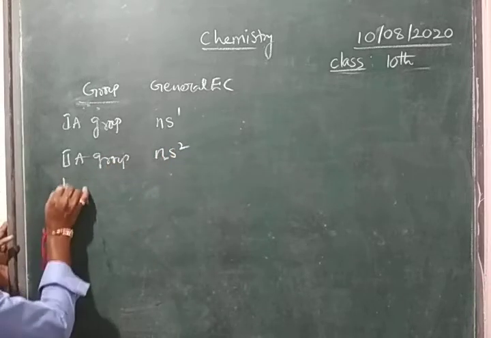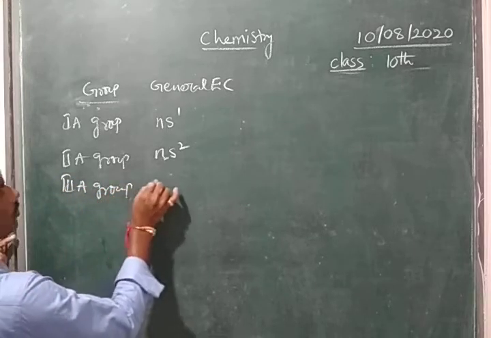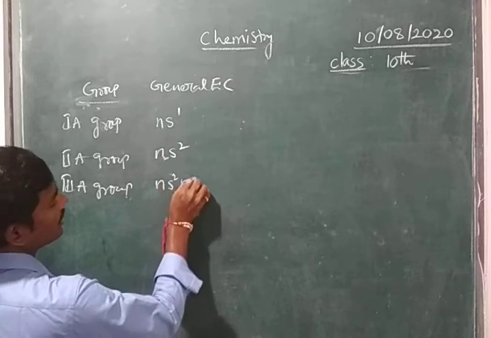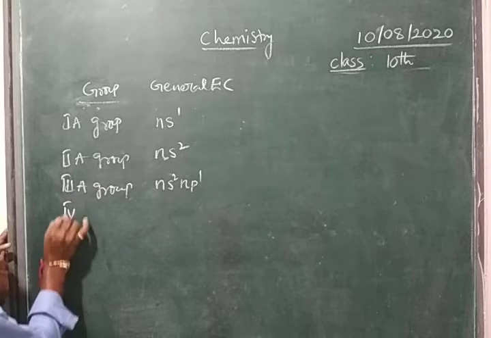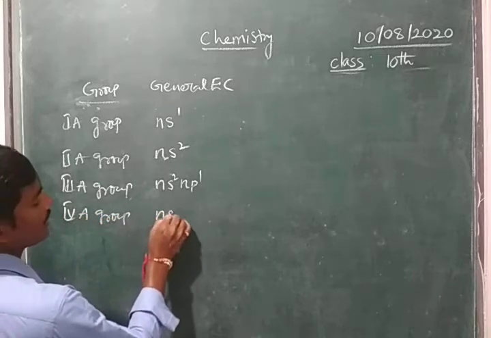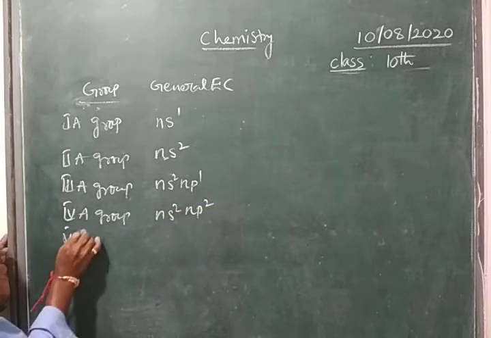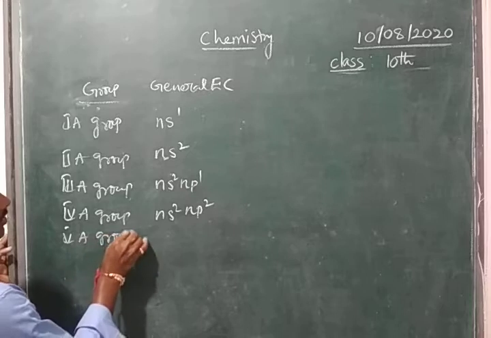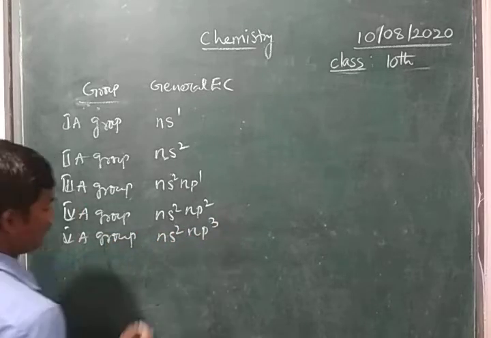NS2. And third A group, that is NS2 NP1. Then fourth A group, NS2 NP2. And fifth A group, NS2 NP3.